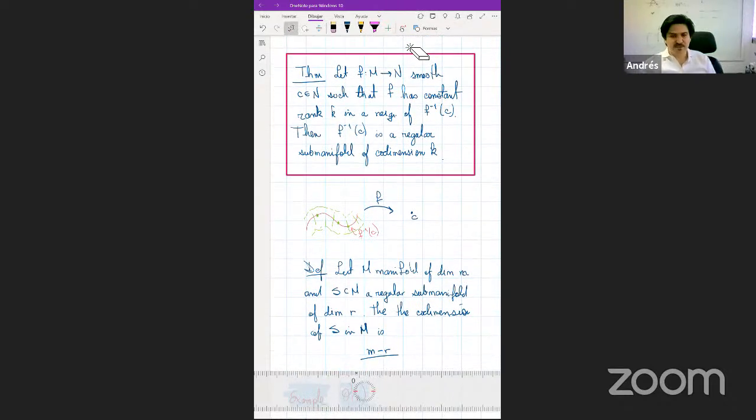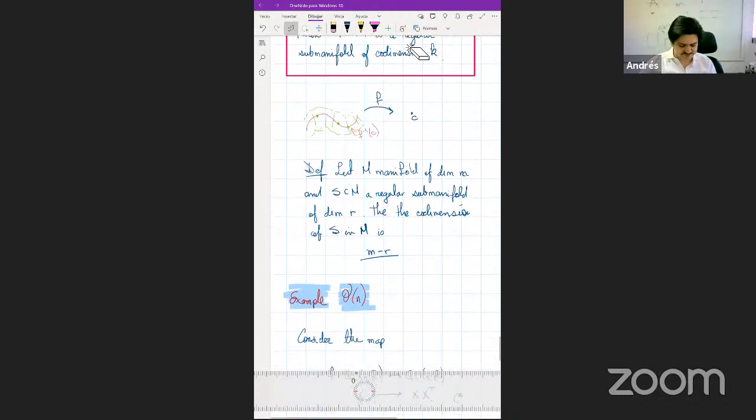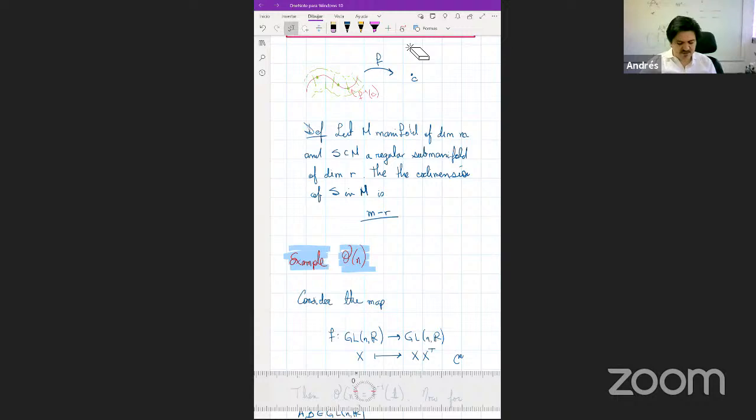First of all, I need a map between manifolds such that the pre-image will give me ON, and hope that I have a constant rank. So I'm going to take this map. Notice that it is very different from the one that we had before.